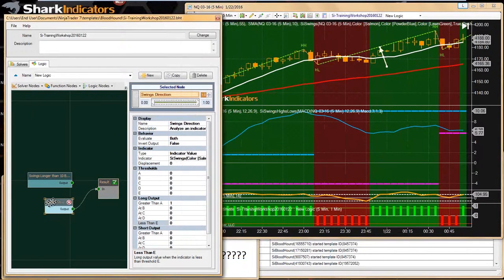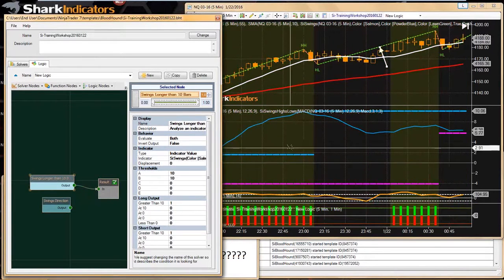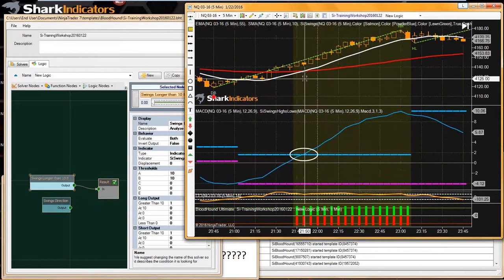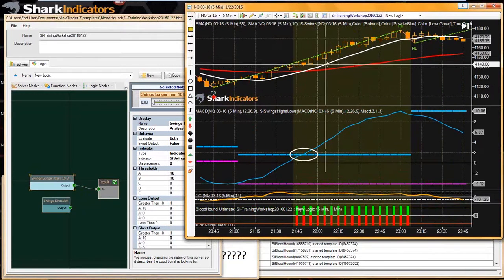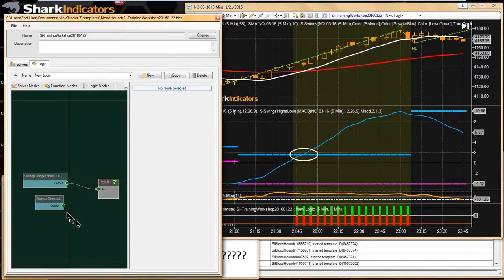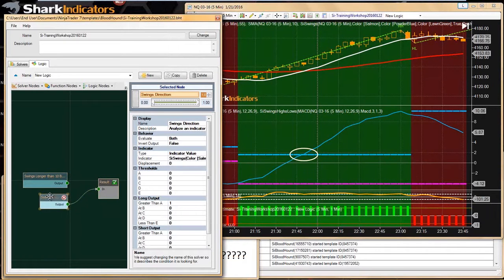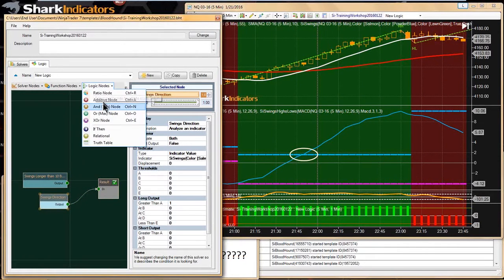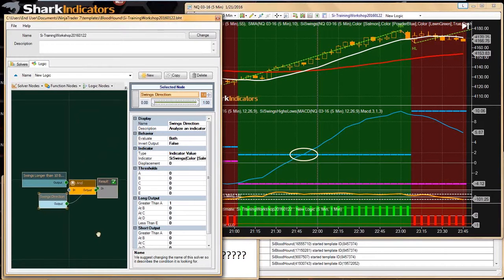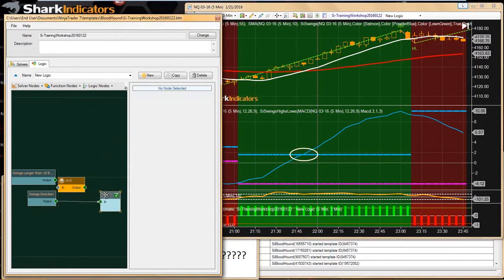All right, so back to my original point. We have this one solver that's telling us we've got a trend that's lasted for so long, but we need to add a direction to it. So I've got another solver here that tells us the direction from the indicator, and then we can AND those two together.